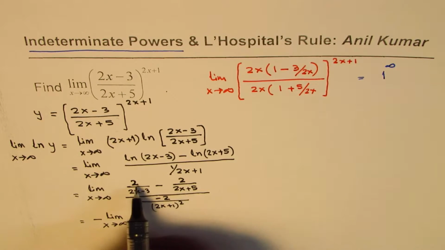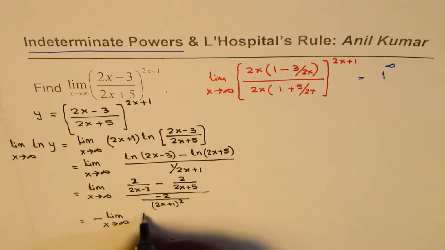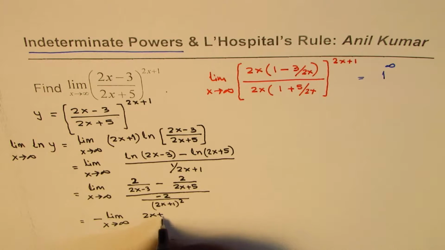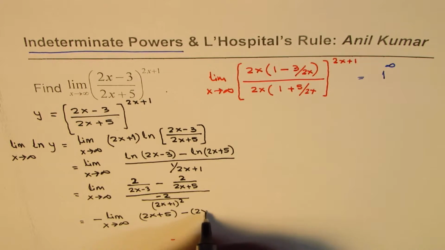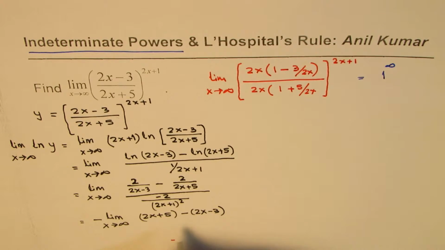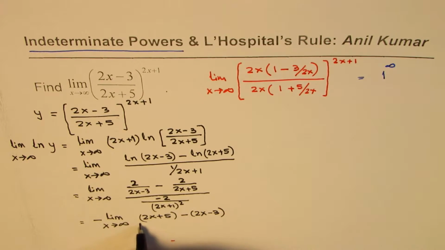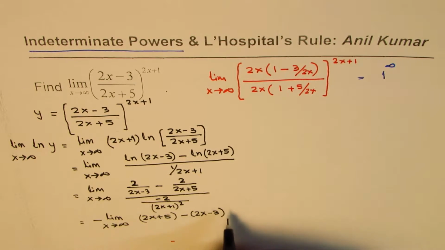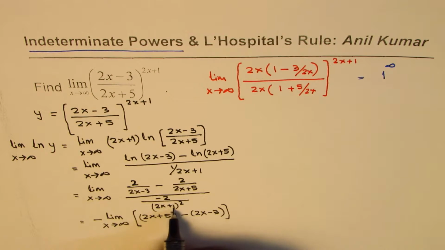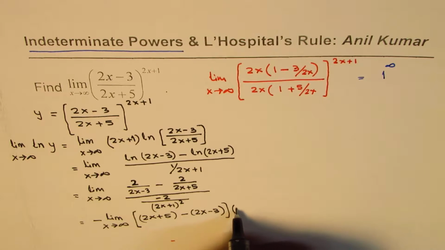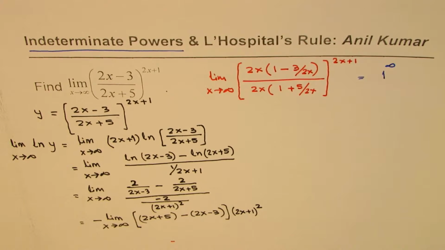And here when you cross multiply, you get (2x plus 5 minus 2x minus 3), and all this is multiplied by (2x plus 1) whole square, since this is minus 2, it got cancelled.